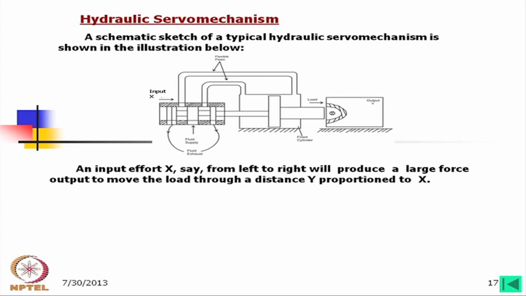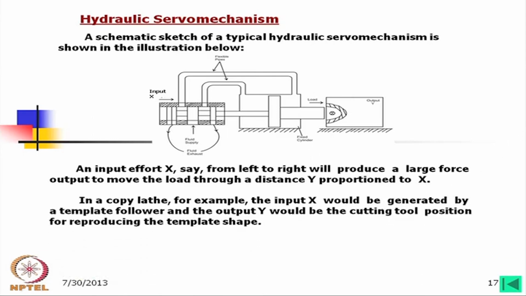Now, this is further explained like this: an input effort x, say from left to right, will produce a large force output to move the load through a distance y proportional to x.